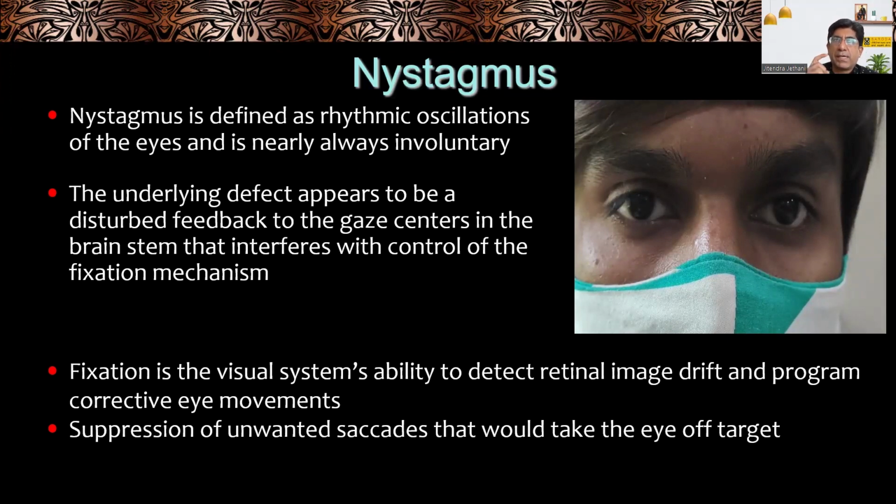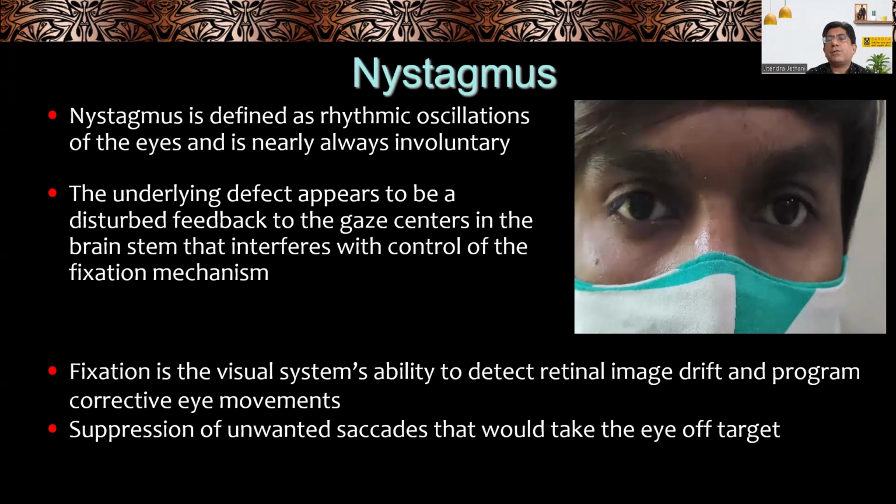The feedback mechanism is through the proprioceptive receptors at the muscle insertions of the horizontal rectus and vertical rectus muscles. These muscle insertions work like a GPS and send biofeedback to the brainstem to control the image drift which may occur and to prevent any unwanted saccade.